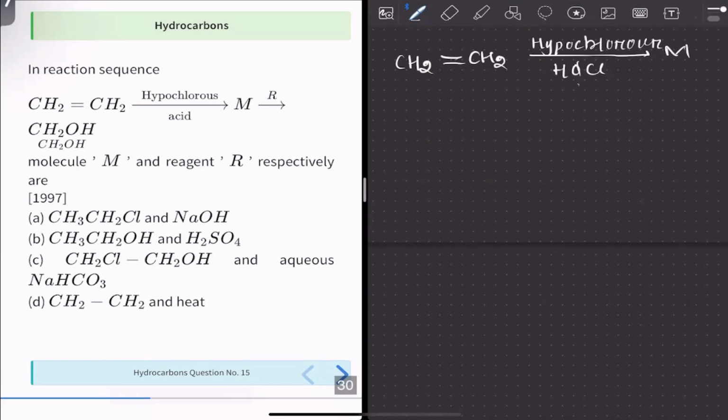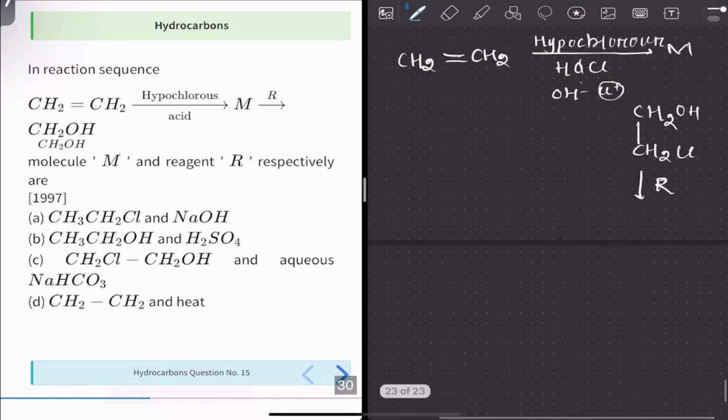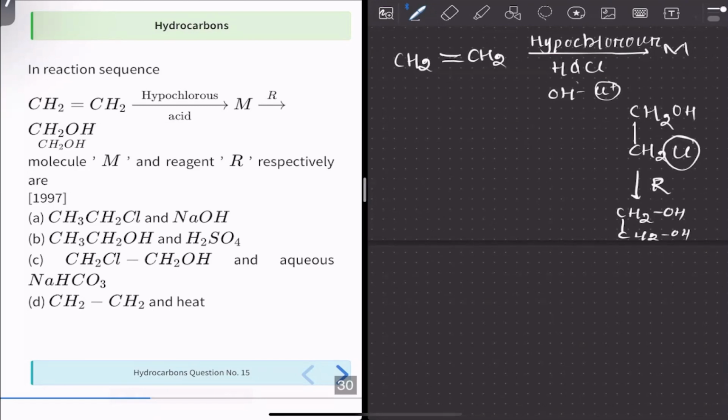It will divide as OH minus and Cl plus, and it will produce CH2OH-CH2Cl. This compound reacts with reagent R to produce CH2OH-CH2OH. So in this reaction, we have to replace the chlorine atom. To replace the chlorine atom, we add sodium bicarbonate, which adds an OH group here.